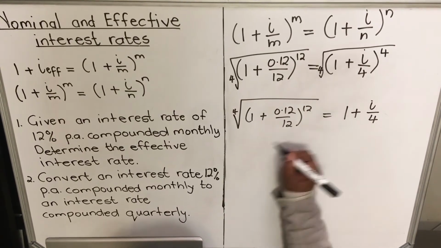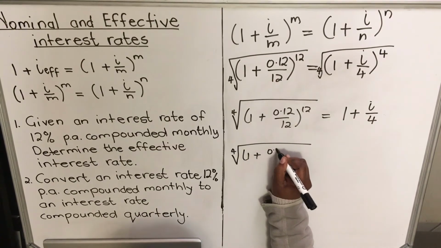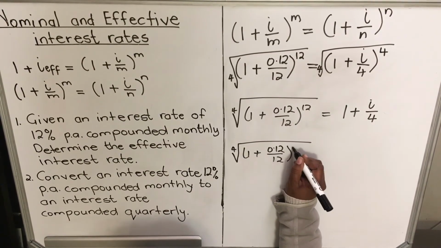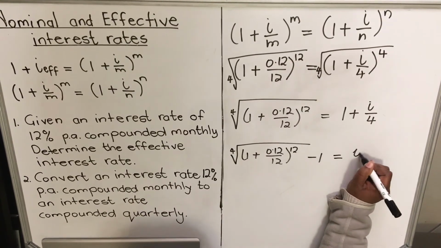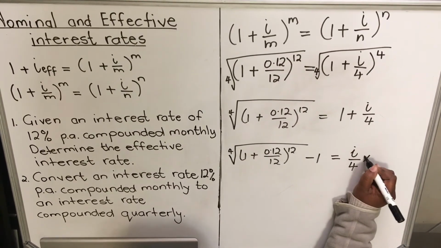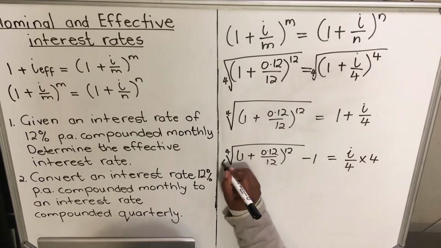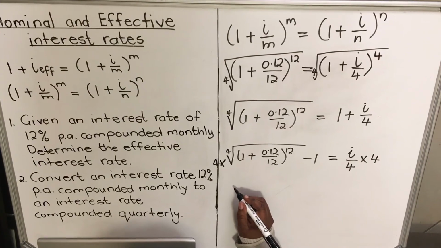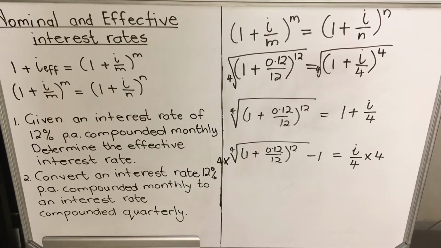Then we'll take the 1 to the other side, minus 1, and then it's equal to I divided by 4. We'll multiply by 4 on both sides. And then we punch everything into our calculator.